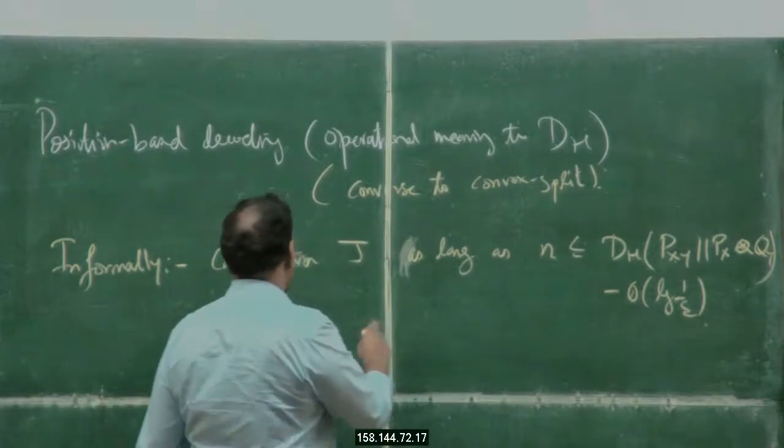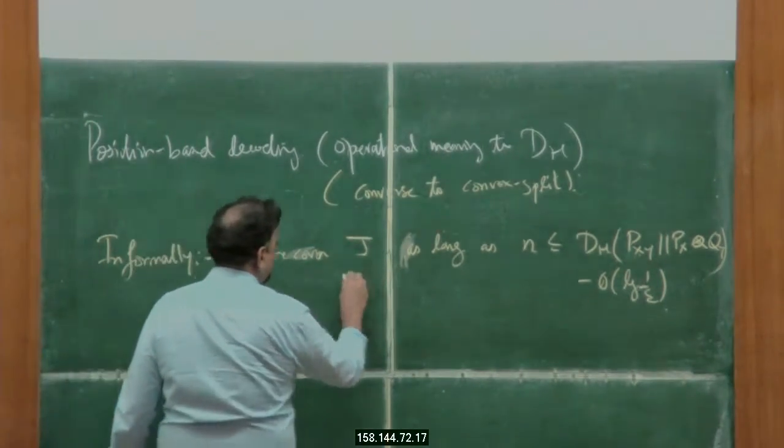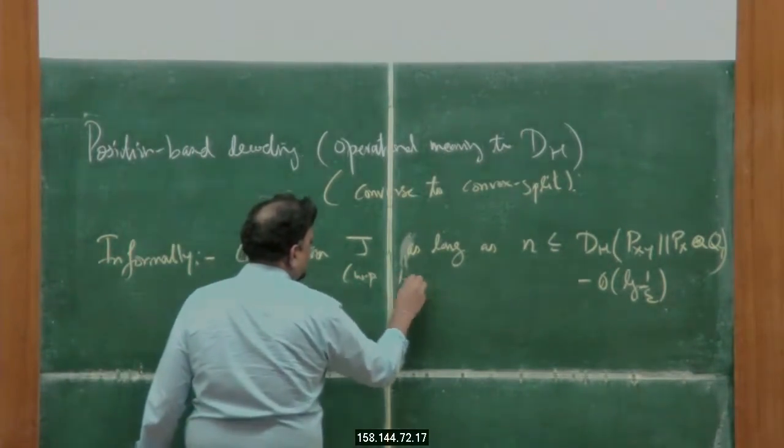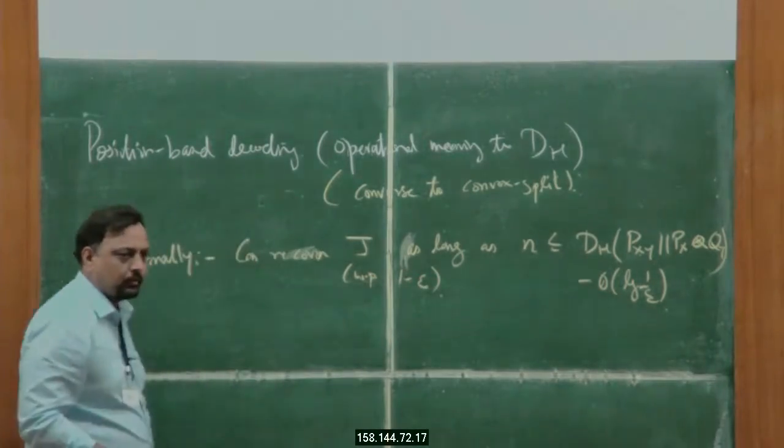We recover j with probability 1 minus epsilon.